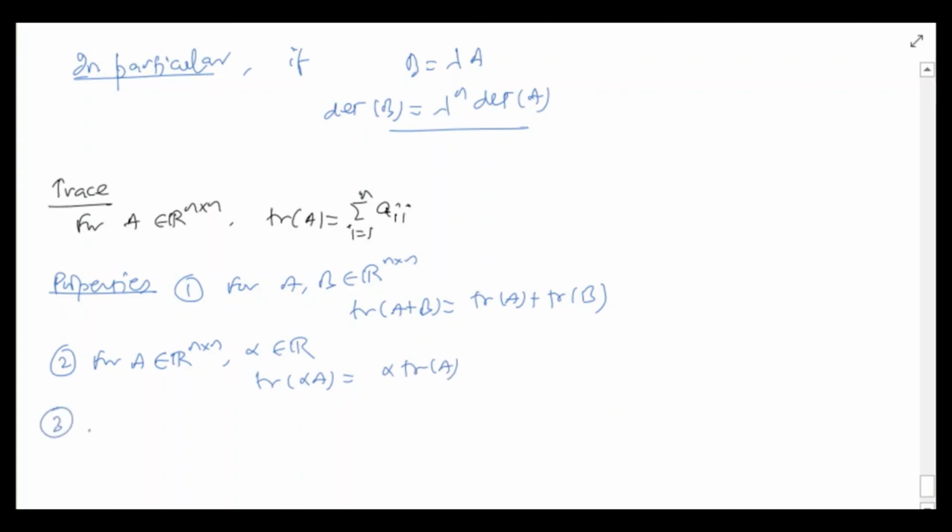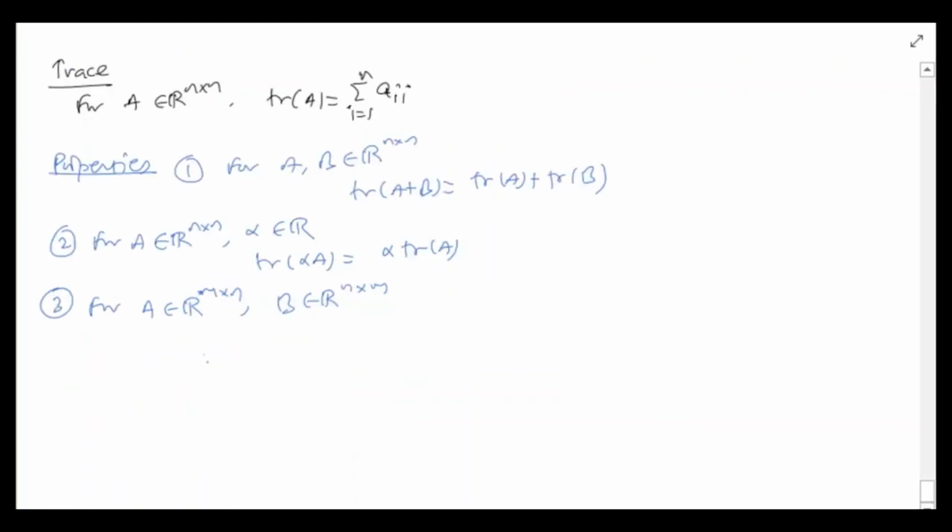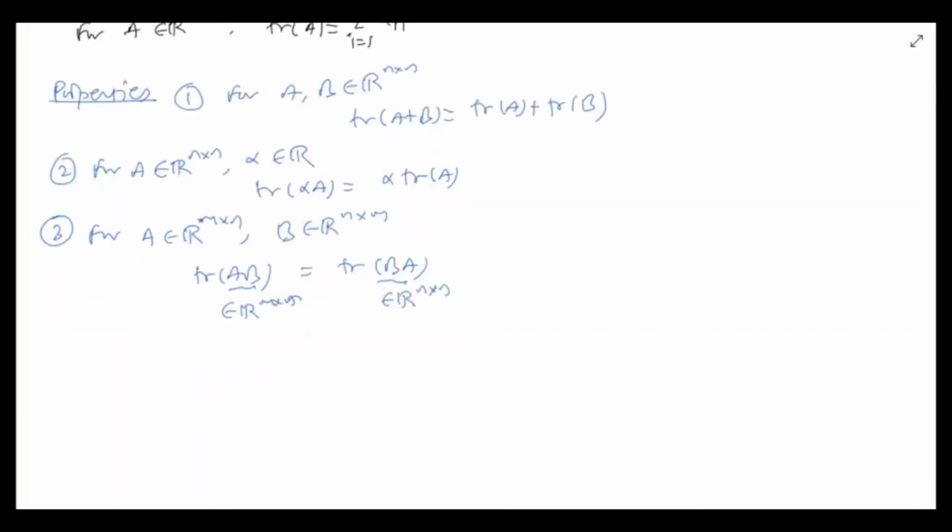The third property says that for a matrix A which is m cross n and B which is n cross m, trace of AB, notice that AB here is an m cross m matrix, is the same as trace of BA. BA clearly is n cross n. Let's see an illustration of this property.